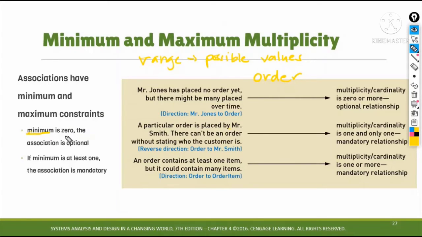The minimum is 0 and the maximum could be 1 or more, in this case orders. So for example, a particular customer, let's name that customer Mr. Jones, can place no orders. So in this case, there are 0 associations.